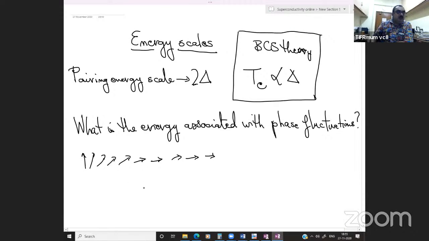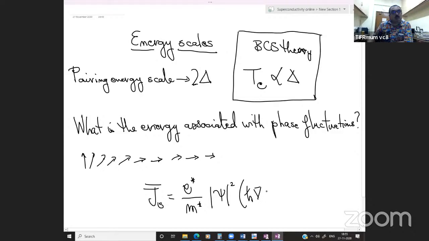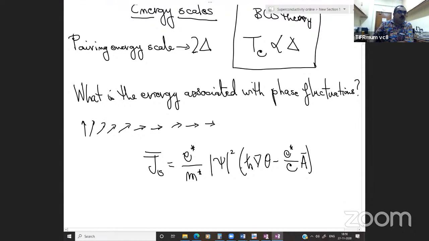Okay, for that, let's go back to Ginzburg-Landau. And I know that the supercurrent is given by the expression, okay, for the moment I assume no magnetic field.